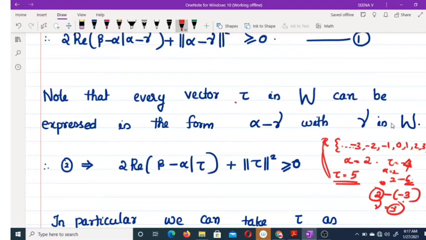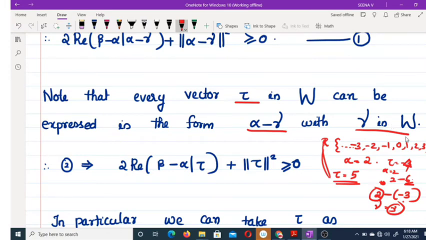So every vector tau in W can be expressed in the form alpha minus gamma with gamma in W. So this result is true for alpha minus gamma, and we can replace it by tau. Clear?